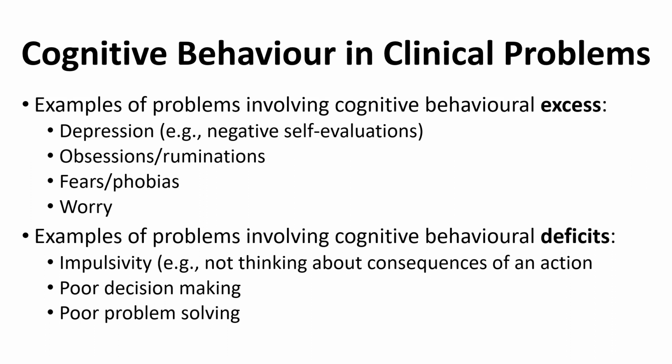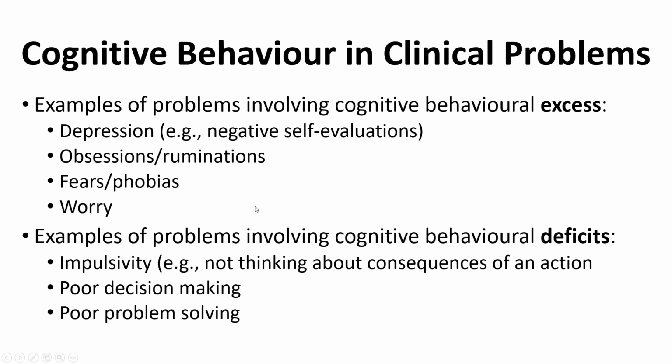We can also have problems involving cognitive behavioral deficits where there is not enough happening. So we could frame impulsivity as lacking in thinking. If you're not thinking enough about the consequences of an action, that can lead to impulsivity. Deficits could involve poor decision making or poor problem solving, again, because you're not thinking enough about the situation.